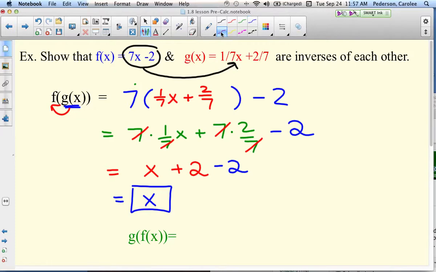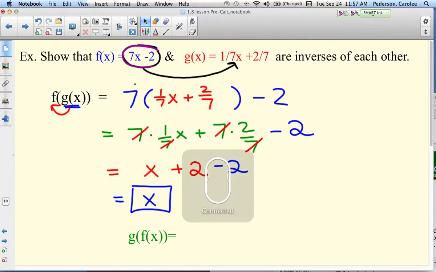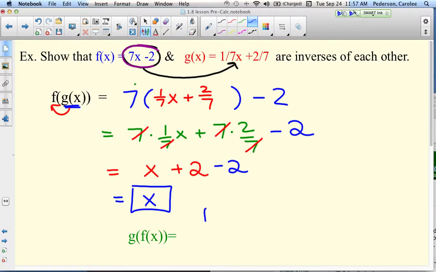So then take f of x and replace it in for the x place in g of x. So we have 1/7, remove that x for now, and then we have plus 2/7. This purple 7x minus 2 is going in that parentheses.